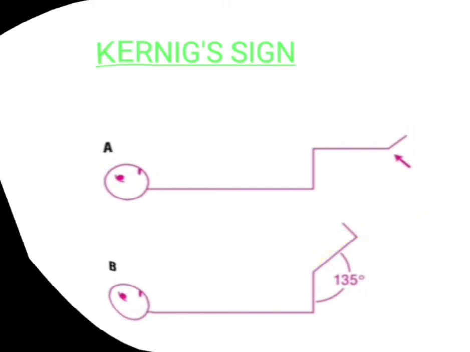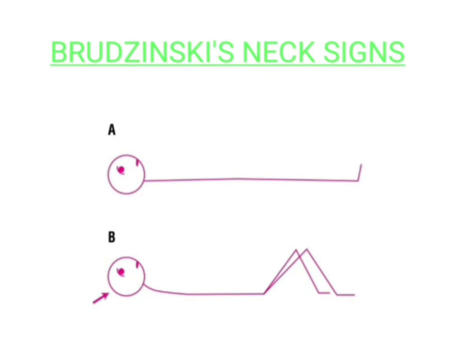Then, coming to the Brudzinski's signs. There are two types, Brudzinski's neck sign and leg sign. First of all, let us discuss Brudzinski's neck sign. In this there are two figures, A and B. In figure A, the patient is laid down in the supine position and the physician tries to flex the neck.